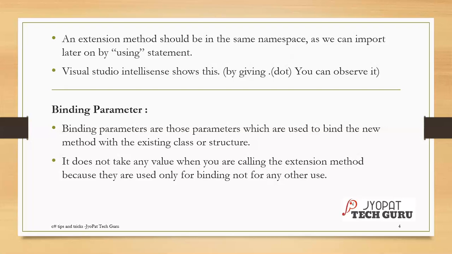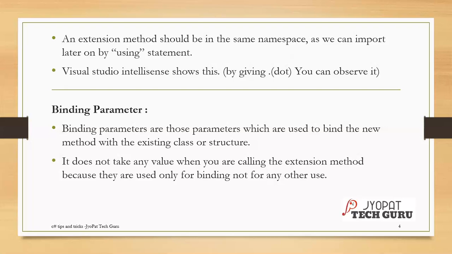So what exactly is the binding parameter? Binding parameters are those parameters which are used to bind the new method with the existing class or structure. So if you are extending the feature of an existing type and you want to bind it, that is when we use the concept called the binding parameter.